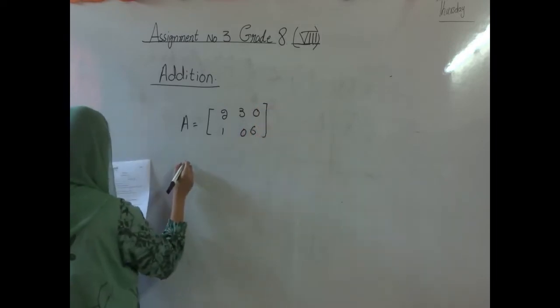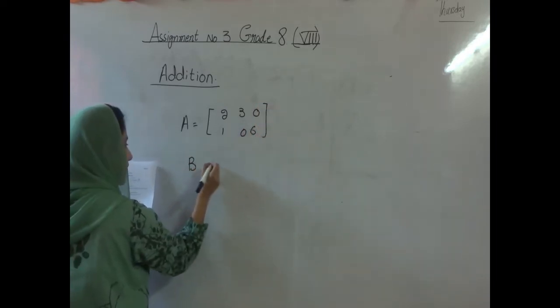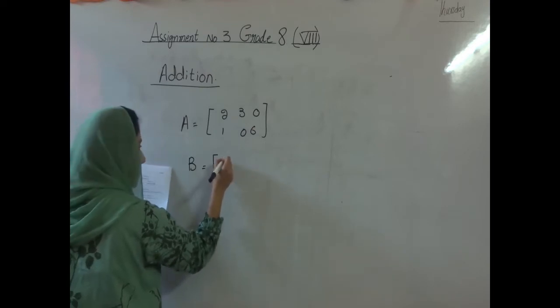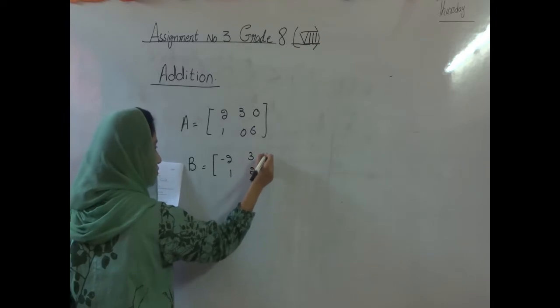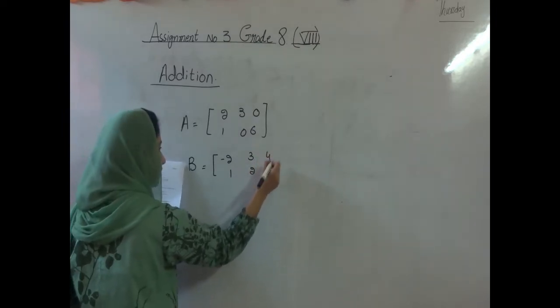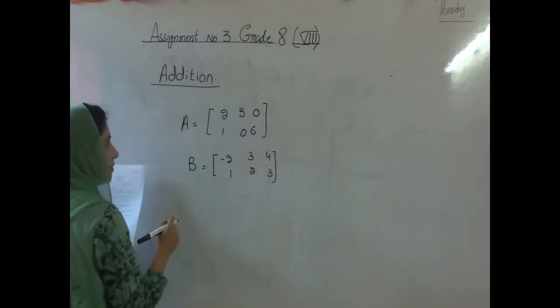This is the matrix A, and the matrix B is -2 1 3, 2 1 4 and 3. These are the two different matrices.